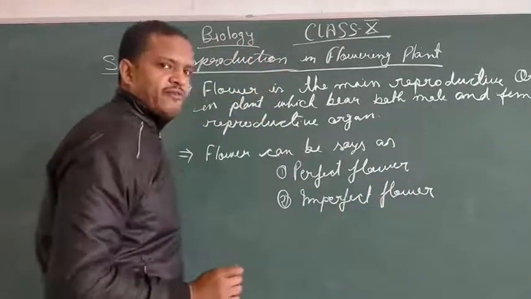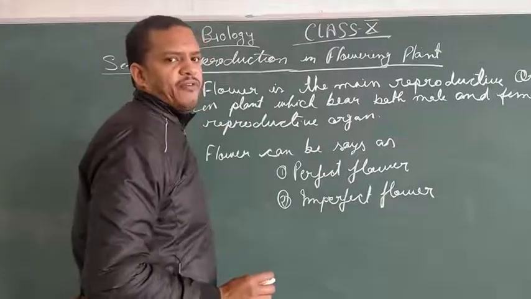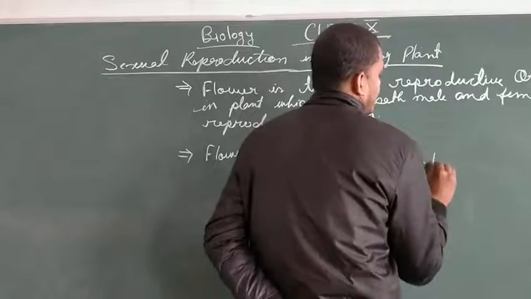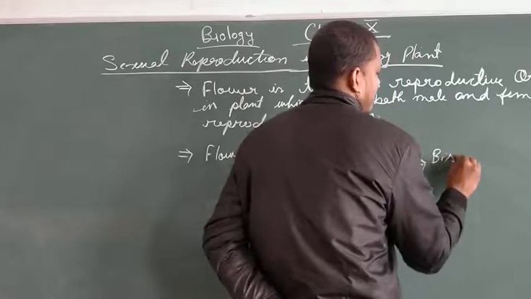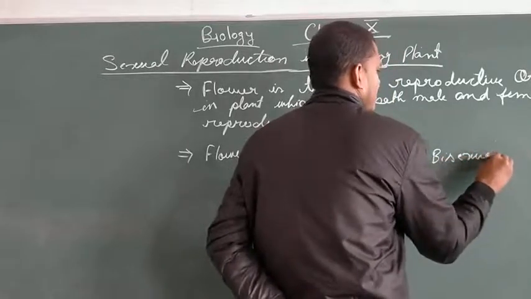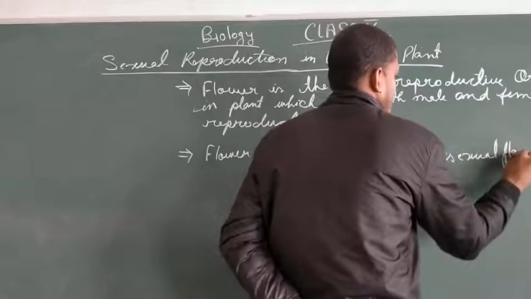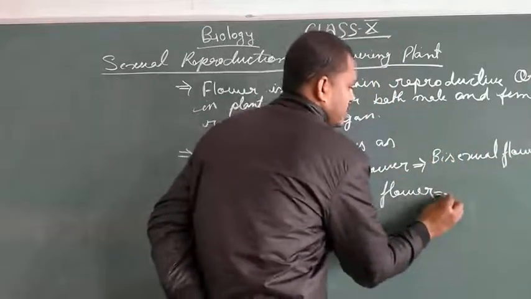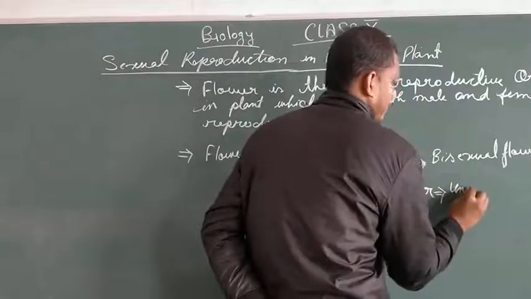The perfect flower is actually the bisexual flower, and the imperfect flower is the unisexual flower.